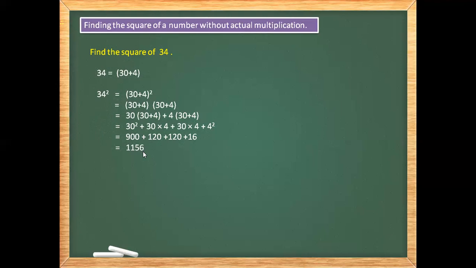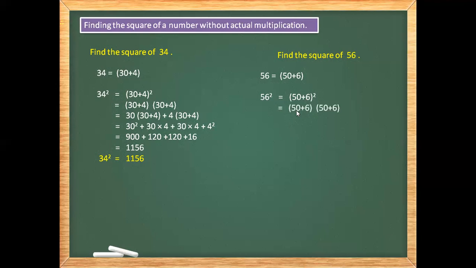Let's consider one more example. Suppose I want to find the square of 56. Now how to write 56 in terms of multiples of 10? I can write 56 as 50 plus 6. So 56 square I can write like this: 50 plus 6 the whole square.